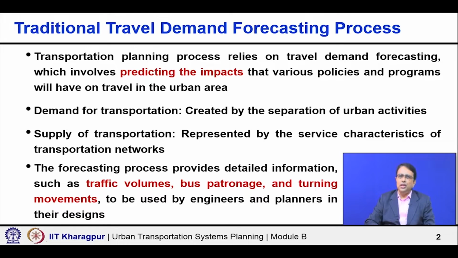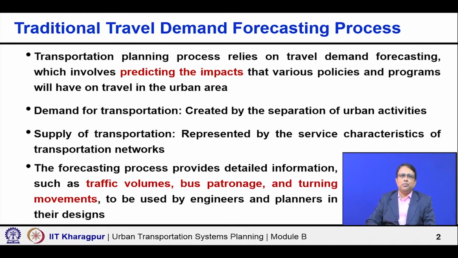You live in one area, your office is in another area, a school is located somewhere else, the shopping mall is located in another place. So, that is the spatial distribution of activities which creates the transport demand.